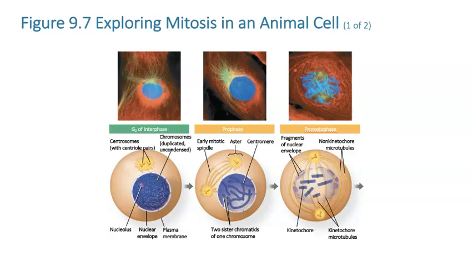Remember that DNA makes a copy of itself during interphase. It's so important that you remember that it's happening during interphase. So remember, we go from having one chromosome to making a replicated chromosome.